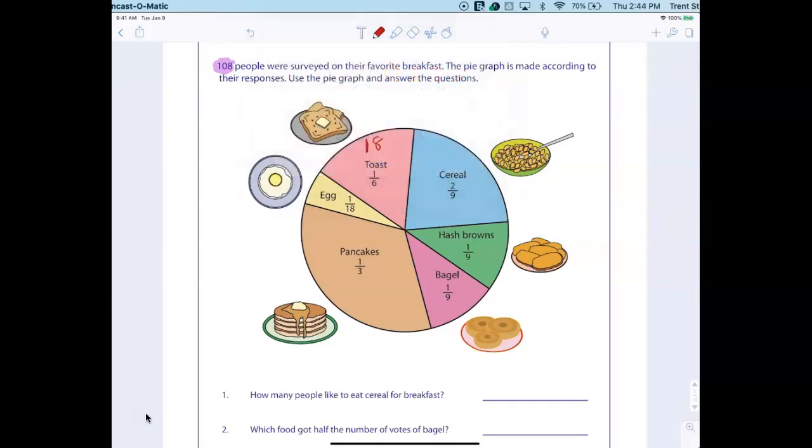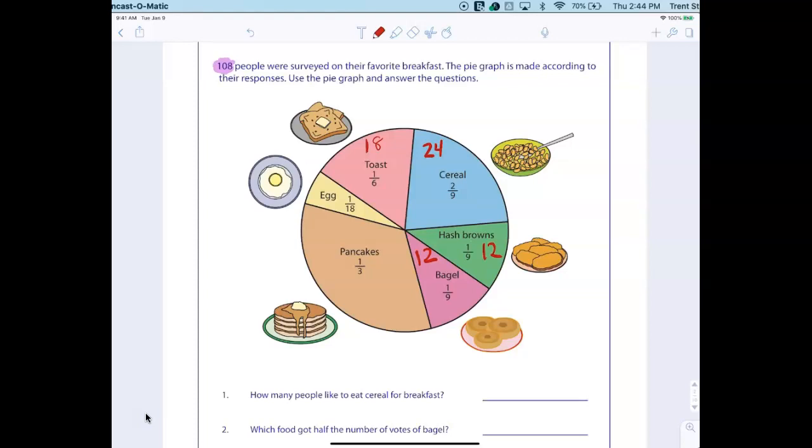All right, now, how many preferred cereal? Let's go, figure it out, guys. Does everybody agree with 24? Yes. All right, so we're going to put 24 in there. Hash browns, 12 people, right? And then also bagels, the same as hash browns, so we can just call that 12.